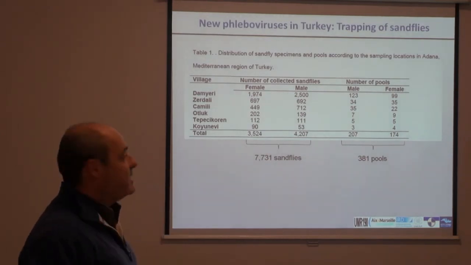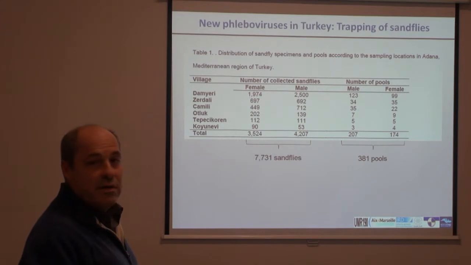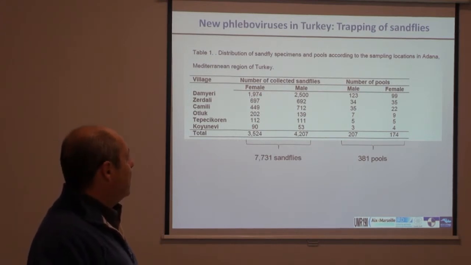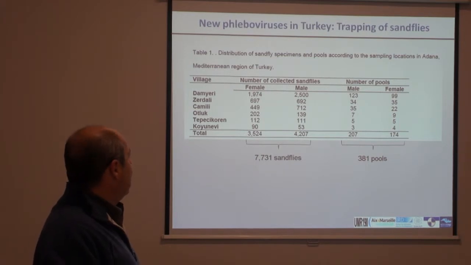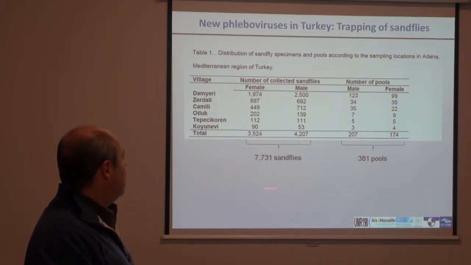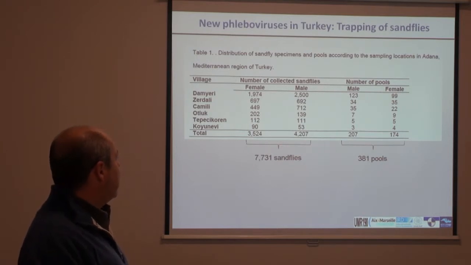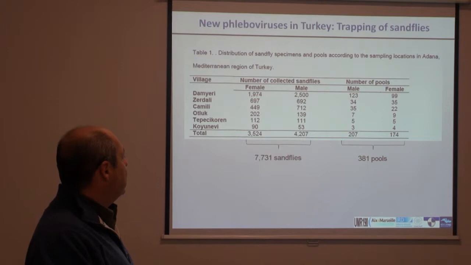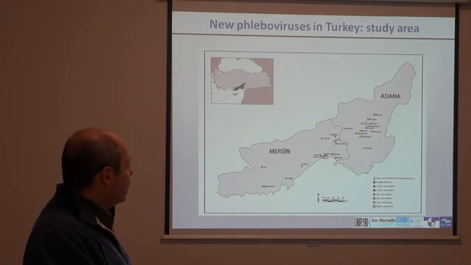So the result of this sandfly collection, which was done by some of our students with the help of people in Turkey, was that the total number of sandflies collected was almost 8,000, in different but quite restricted localities.